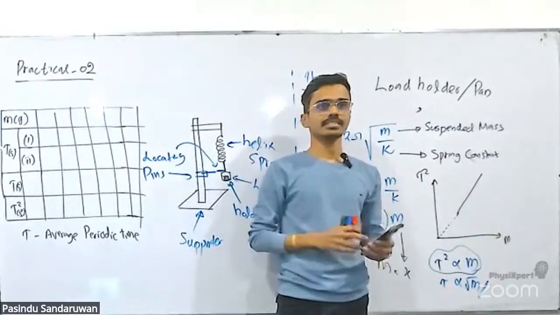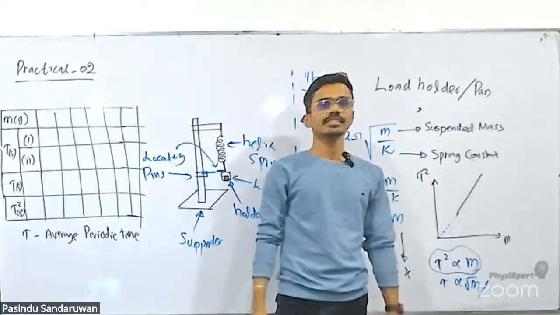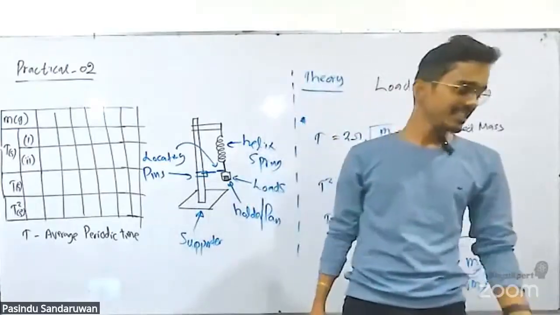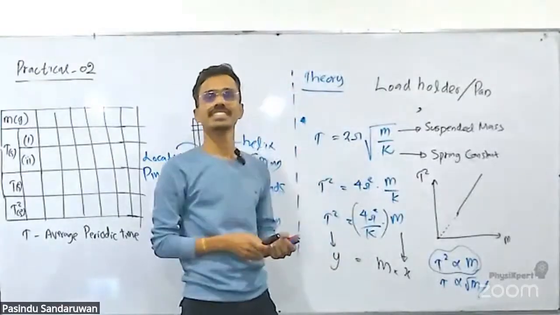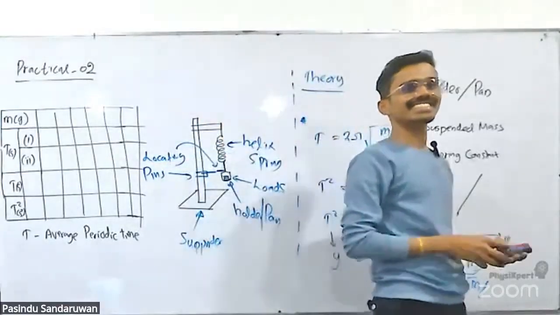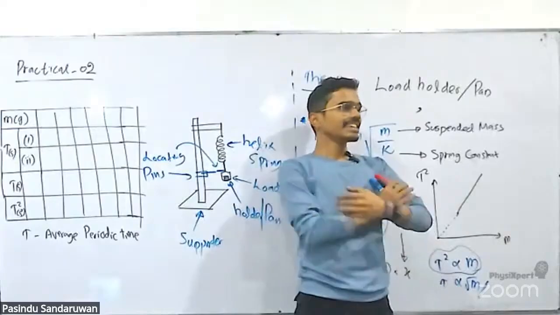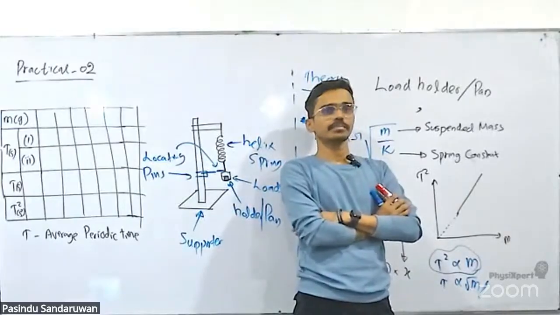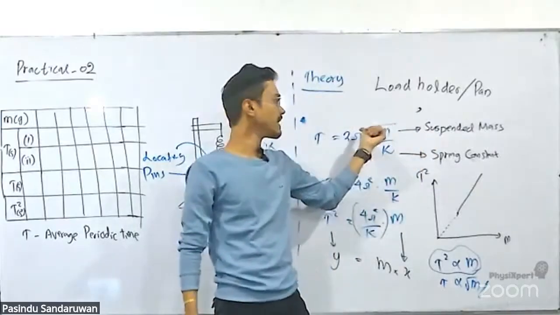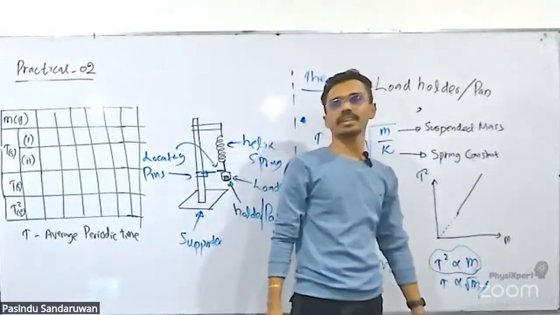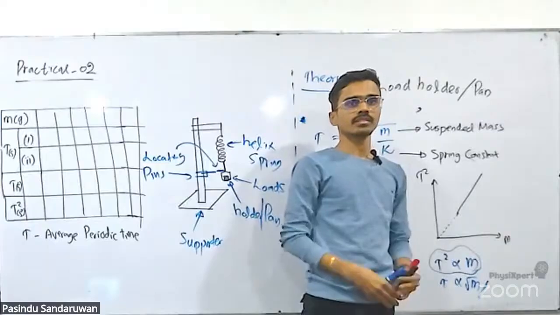What are the reasons? What is the error we have made in the simple harmonic motion? We have made an error.